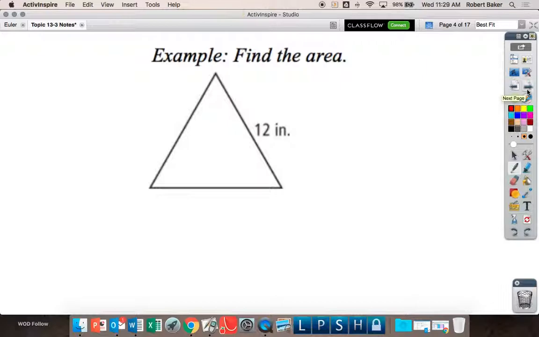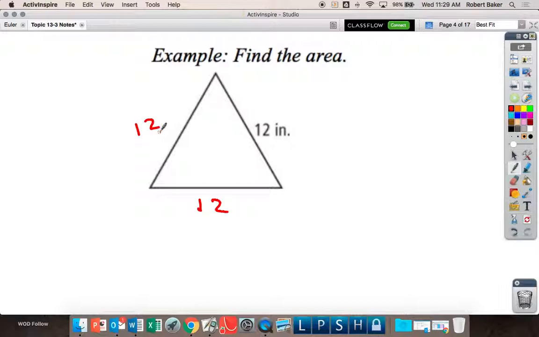How would you approach this problem? If I'm asking you to find the area of that equilateral triangle. Okay, that's a great way to start. Don't we know that there's the 30, 60, 90 right triangle?